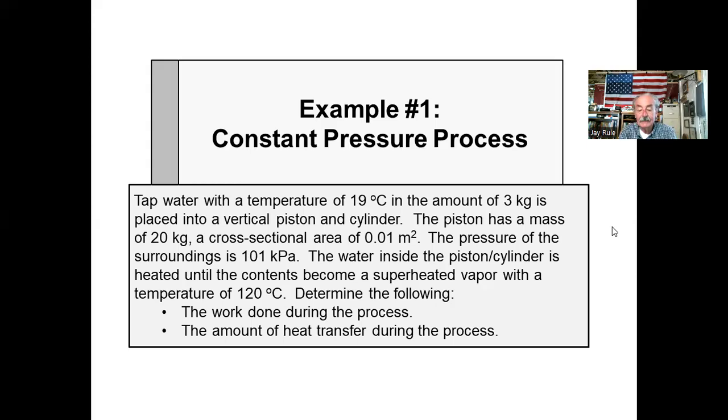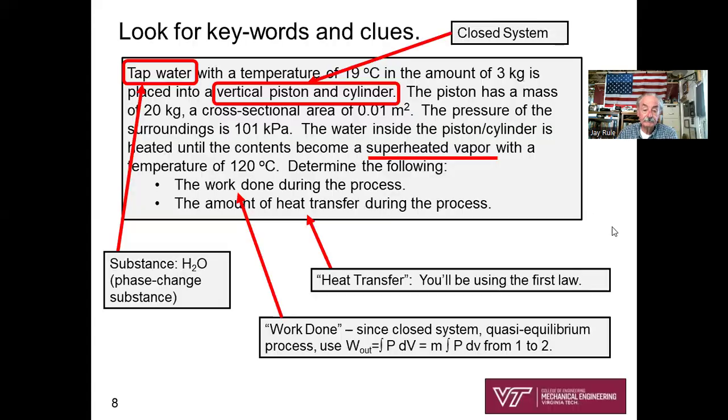The water inside the piston and cylinder is heated until the contents become a superheated vapor with a temperature of 120 degrees C. You're asked to determine the work done during the process and the amount of heat transfer during the process. What I want to illustrate is how you can use the pressure volume diagram to your advantage to get this problem solved.